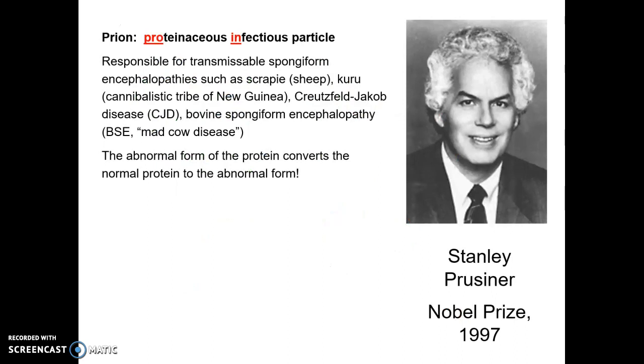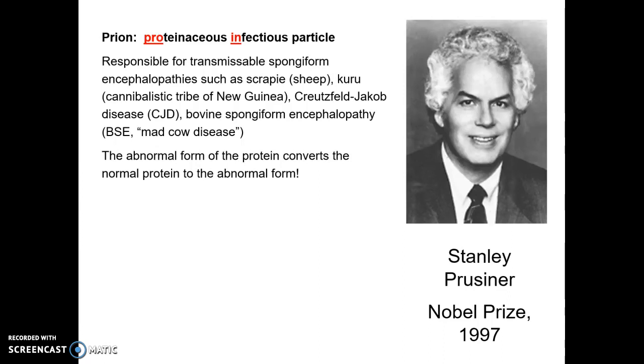Stanley Prusiner eventually won the Nobel Prize in 1997, but not without some controversy before he won it, because of course this flew in the face of the DNA to RNA to protein central dogma. If you're going to overturn something called the central dogma, you're going to need a lot of evidence.